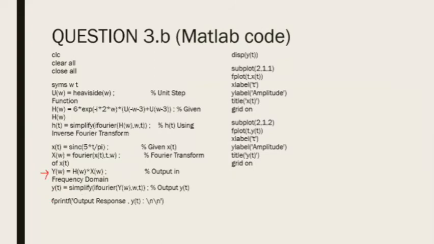After that, the system will print output response, will print the script here, and it will display the value of it here. And for this, you can see is for the output that we need to plot.